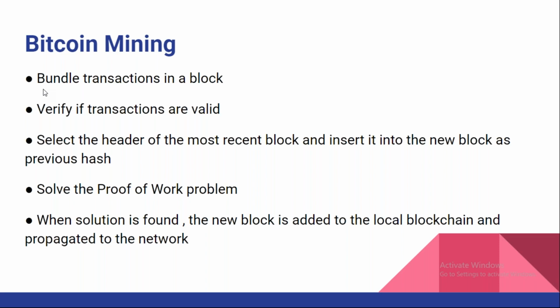Here also, if I have 5 Bitcoins and want to send 1 Bitcoin, the 5 Bitcoins are the input, 1 Bitcoin is sent to the end user, and the remaining 4 Bitcoins come back to my account with a new address.